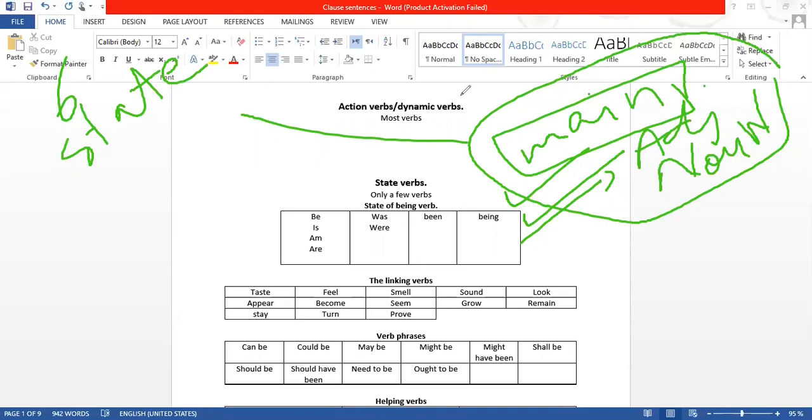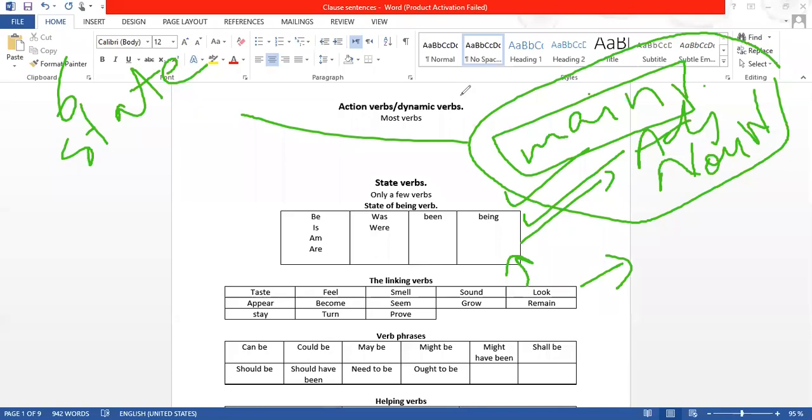And then there is another kind of verb we divided, called linking verbs. These linking verbs are also like this one, because they also connect adjectives to a noun. For example, he looks good or I am good.